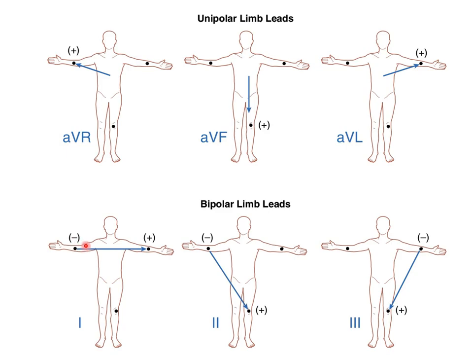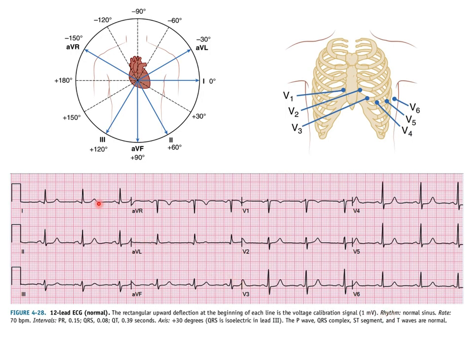Lead 1 is the voltage between the patient's right side and the left side, okay, with this being called positive. Lead 2 is the voltage between the patient's right side and their left leg. That's where the leads are placed. And lead 3 is the left side to the left leg. Okay, and so here's lead 1, lead 2, and lead 3.